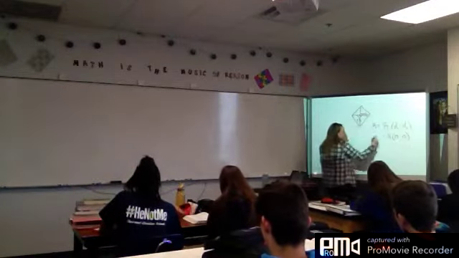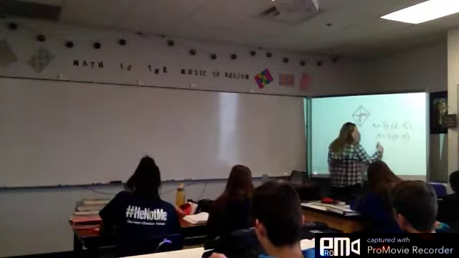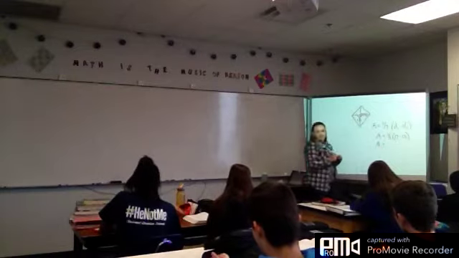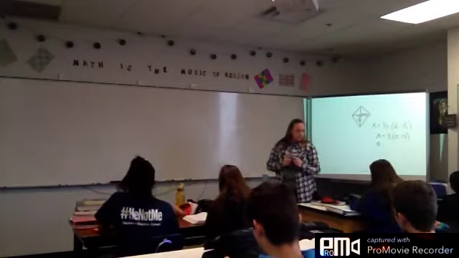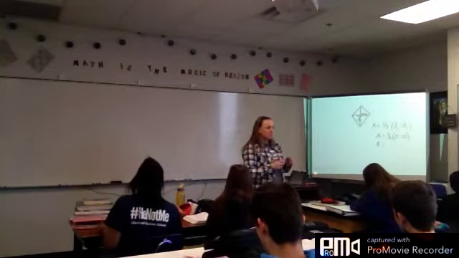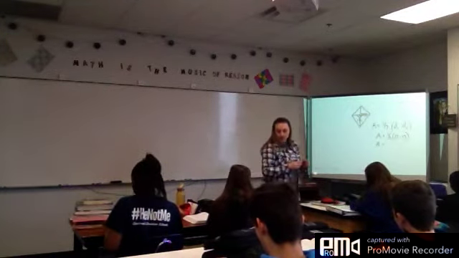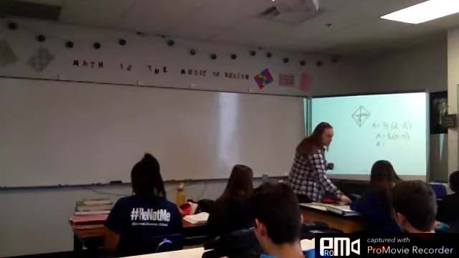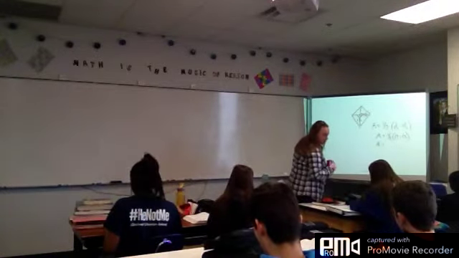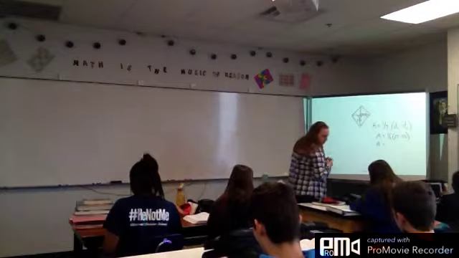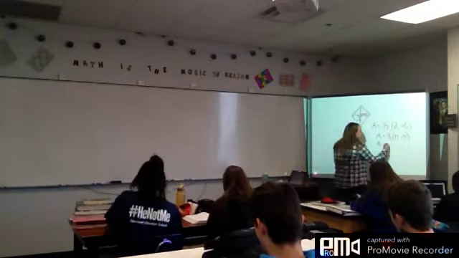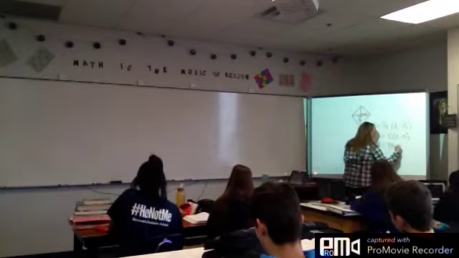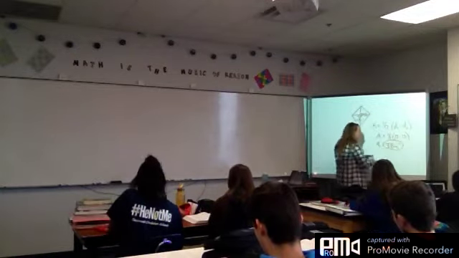What's 12 times 13 times 1/2? 78. And then you times it by 1/2 or divide by 2. Okay, so you get 78 units squared.